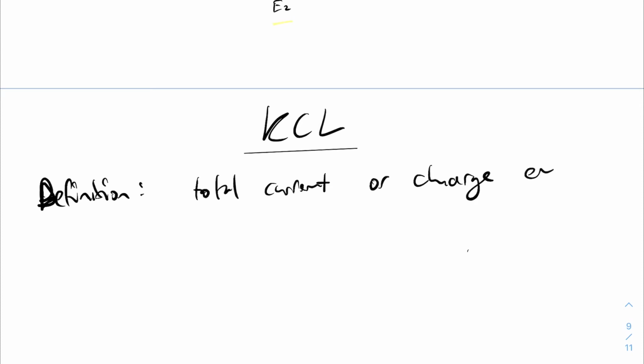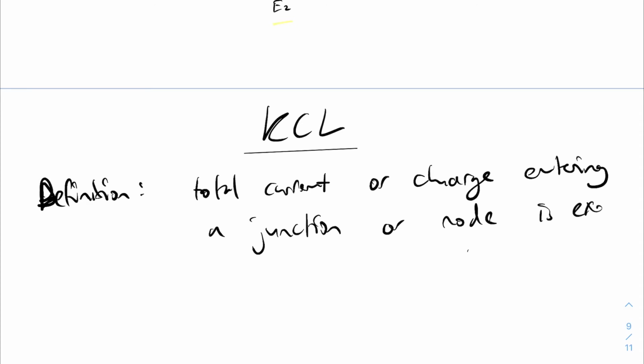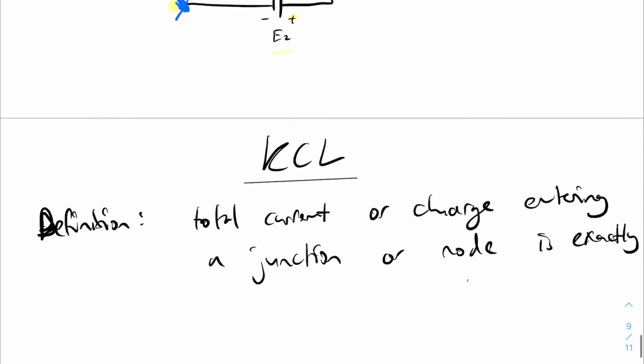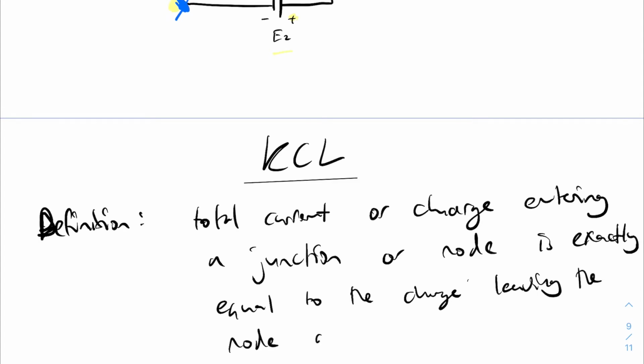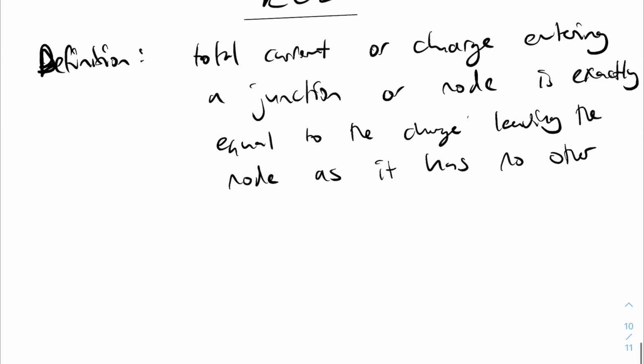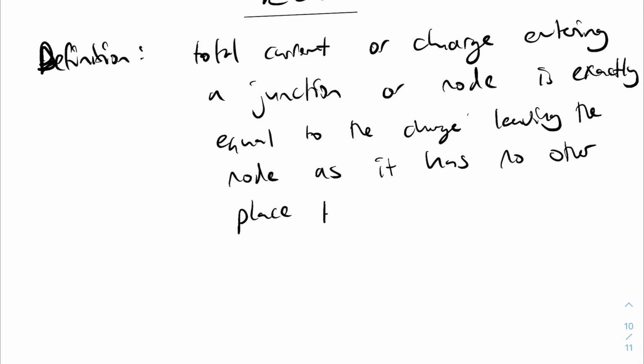Total current or charge entering a junction, we'll go over what a junction is in a minute, or node, is exactly equal to the charge leaving the node, as it has no other place to go except leave.